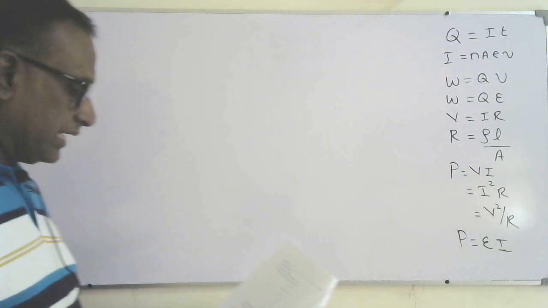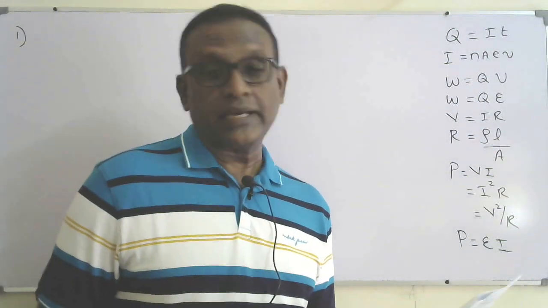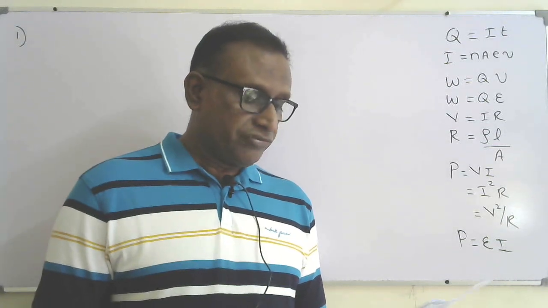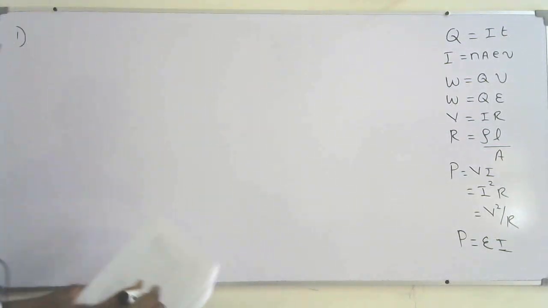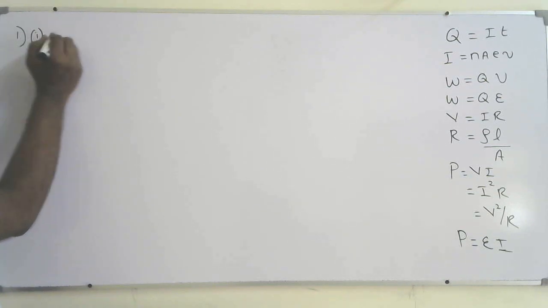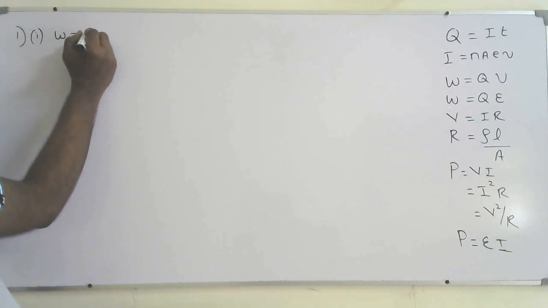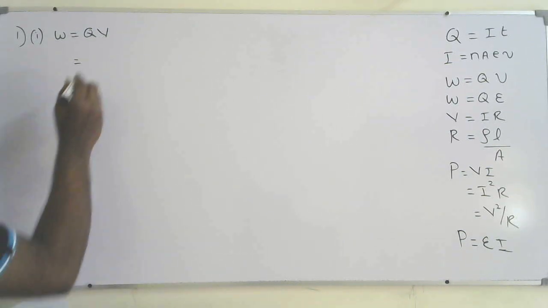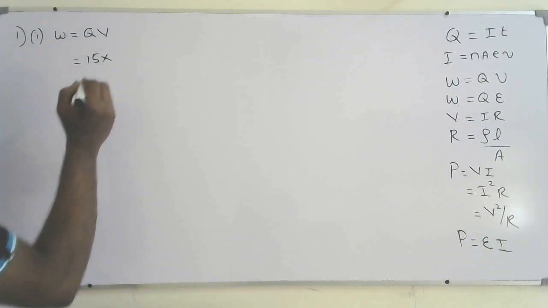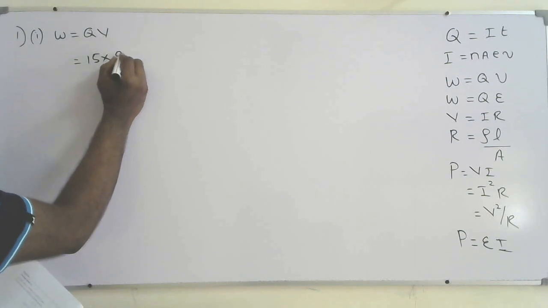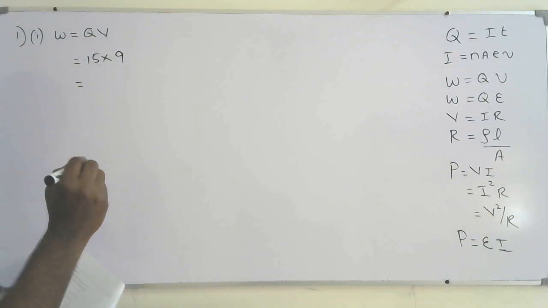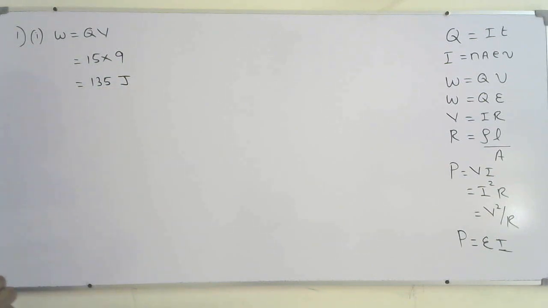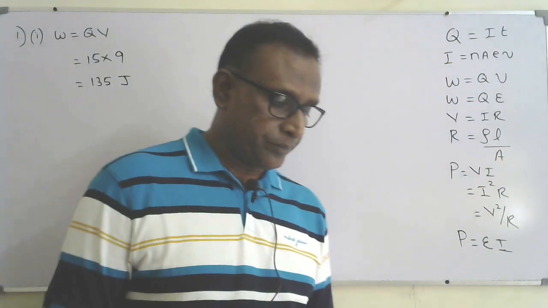I can use W equal Q times V. The amount of charge flown through it is 15 coulomb, and the potential difference across it is 9. So that will be 135 joules. Answer for the first part of the first question.